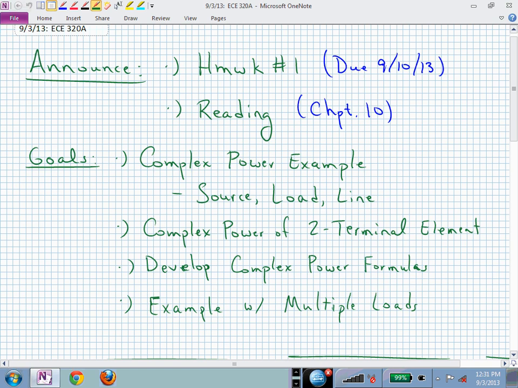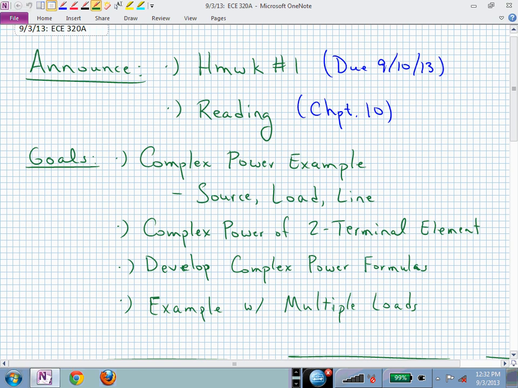And you can look at the complex power for all of the different parts of your entire electrical circuit or system. We'll look at something that's maybe closer to one of the homework problems on the second goal, which is to look at a two-terminal element and find or compute its complex power.